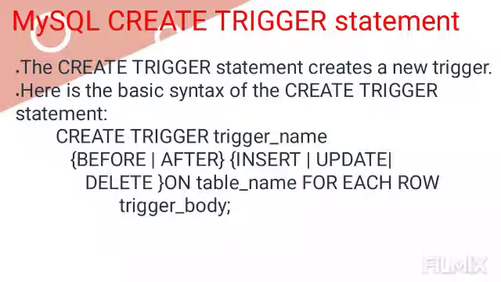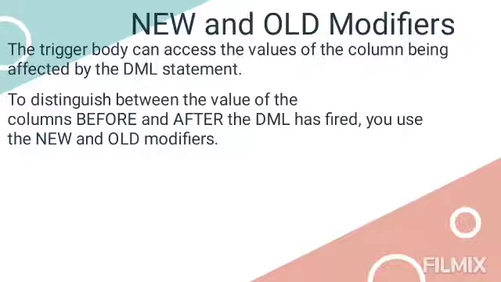The trigger body may contain a single statement or multiple statements. If the trigger body contains multiple statements, you may use the begin end compound statement. The trigger body can access the values of columns being affected by the DML statement.